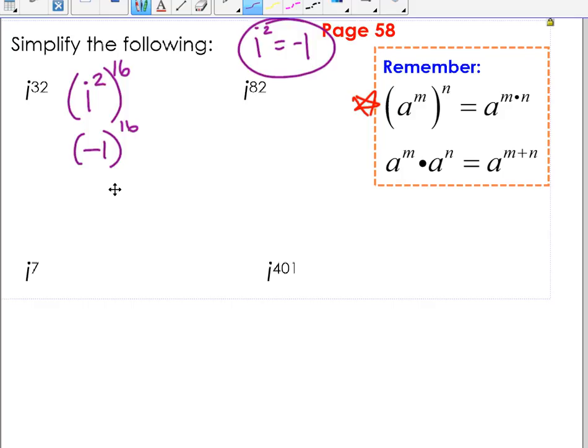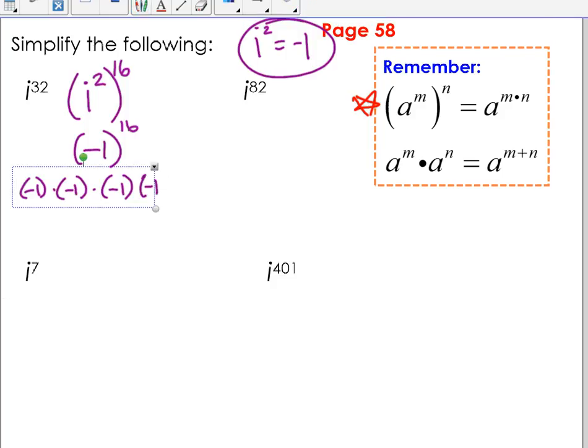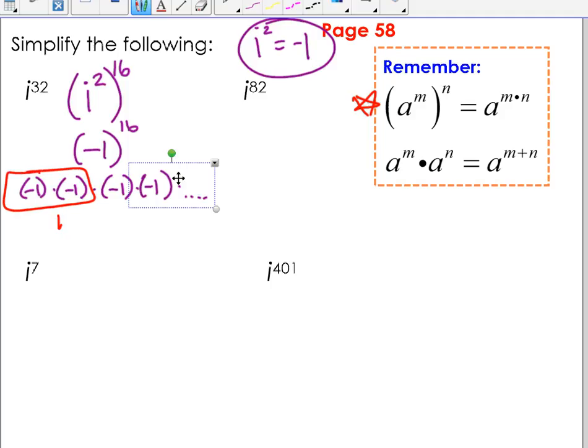If you think about the fact that a negative times a negative is a positive, and I were to write this out, negative 1 times negative 1 times negative 1, and so on, all the way 16 times, I would say negative 1 times negative 1 gets me a positive 1.